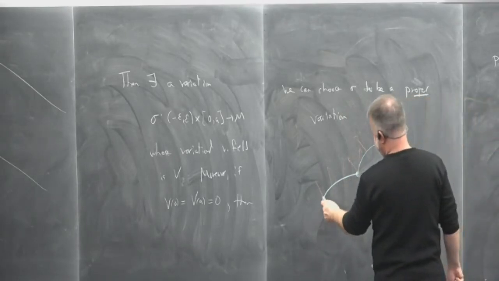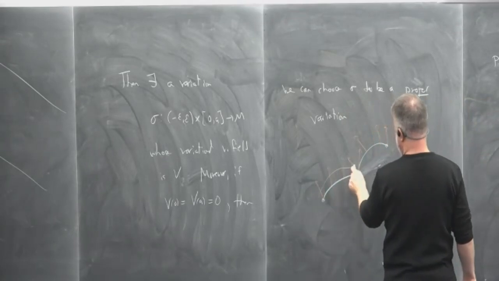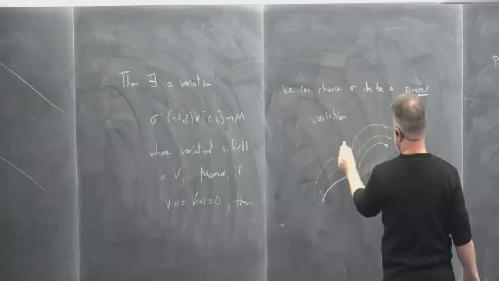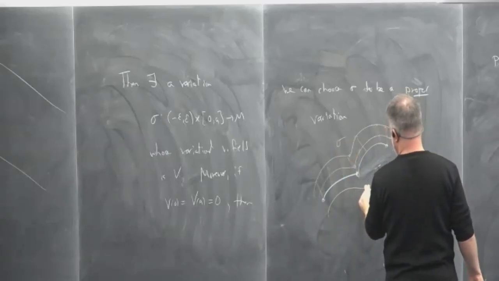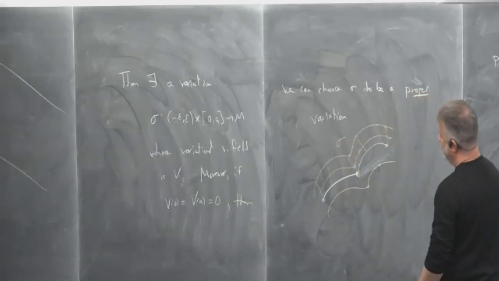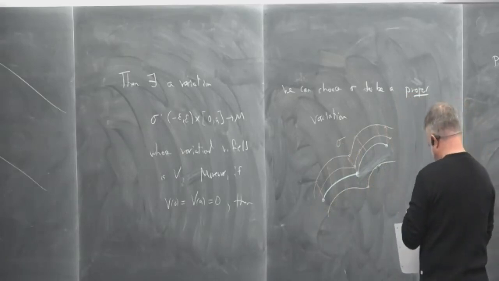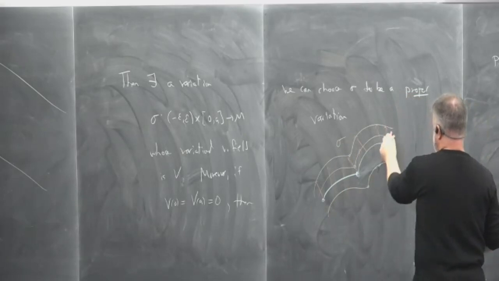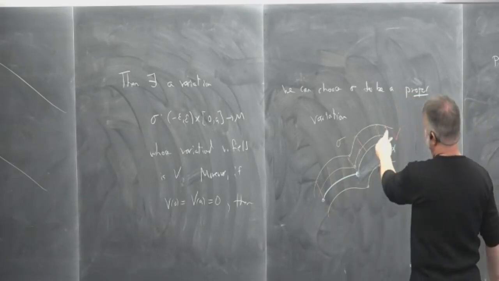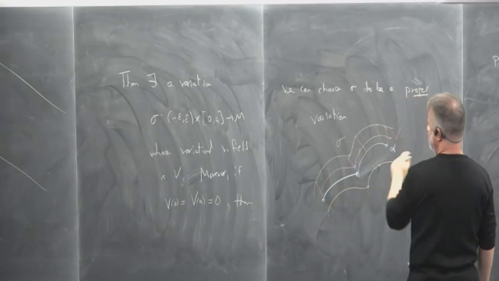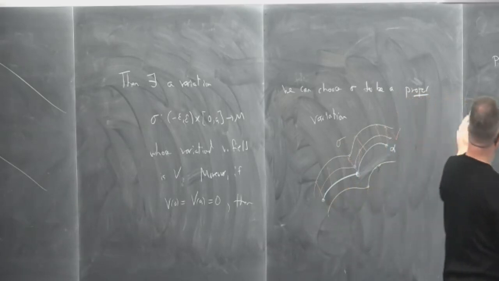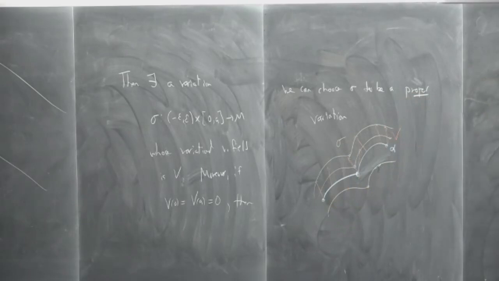I'm saying that we can find a variation sigma of alpha whose variation vector field is V. And moreover, if V vanishes at the two endpoints, we can choose this variation to be proper. Okay, so let's see how that works.